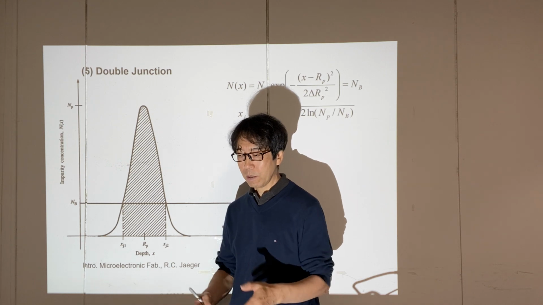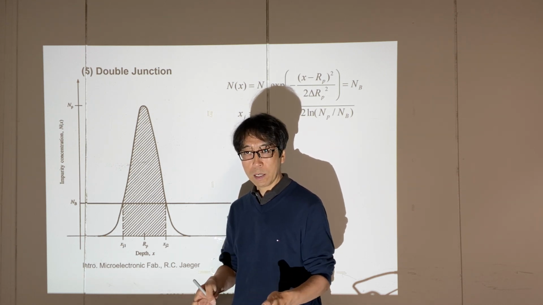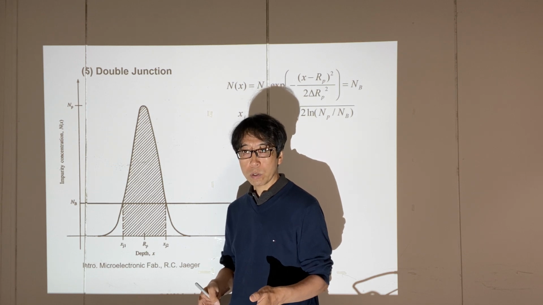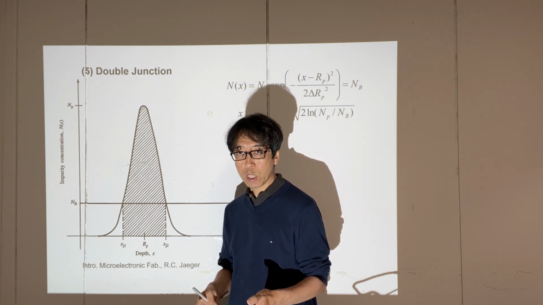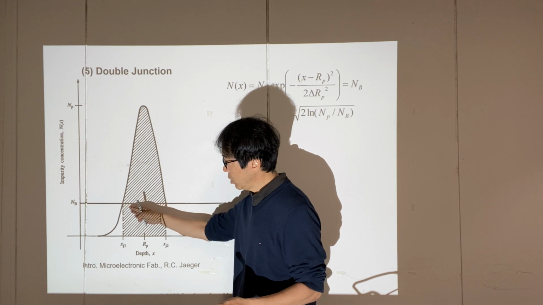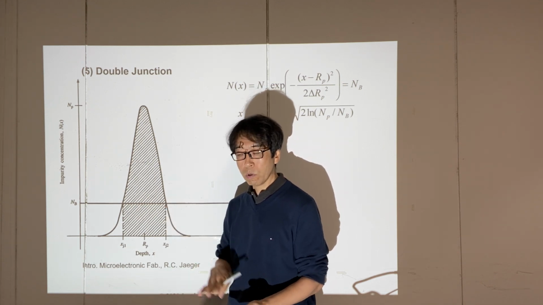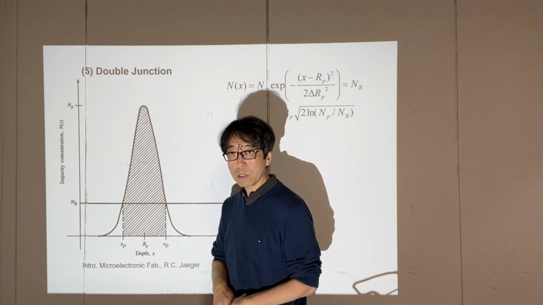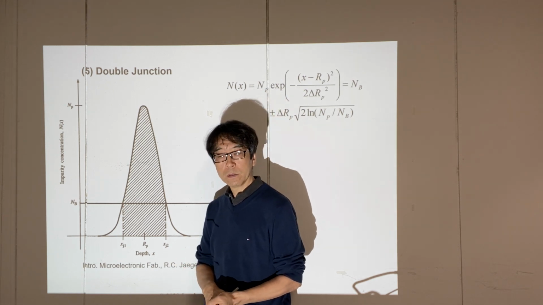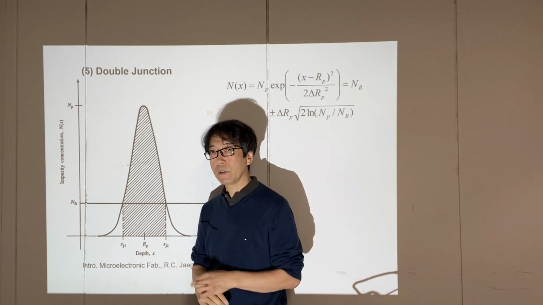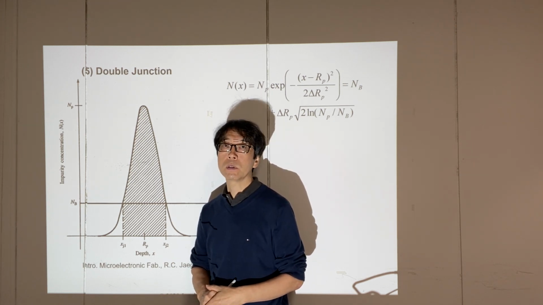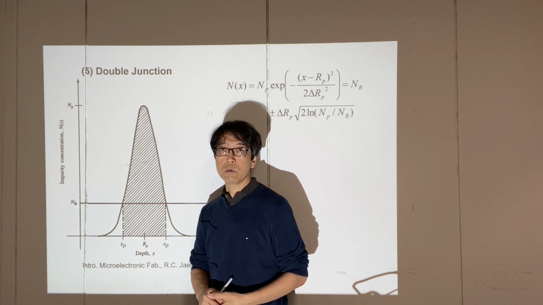You cannot really have good control of the patterning size. That determines the speed of operation of the transistor. However, this doping is controlled by the chemical process, right? So you can control the thickness of it. You can make it very thin, in other words, and you can make your device function at a very high speed, super high speed.